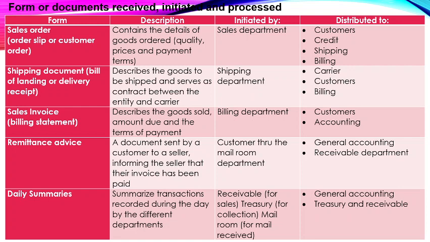The sales invoice, again, is the billing statement. It describes the goods, amount due, and the terms of payment. The billing department is in charge, and it is distributed to the customer and accounting. Next is the remittance advice, a document sent by a customer to a seller informing the seller that their invoice has been paid.